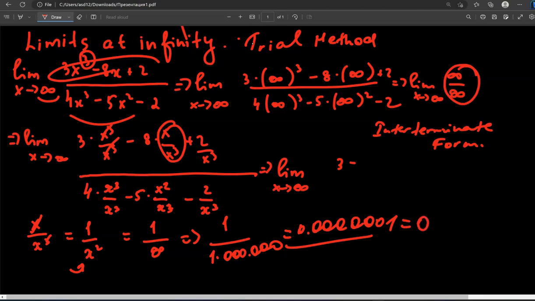If you divide 1 by a big number, it's approximately equal to 0. So let's continue.